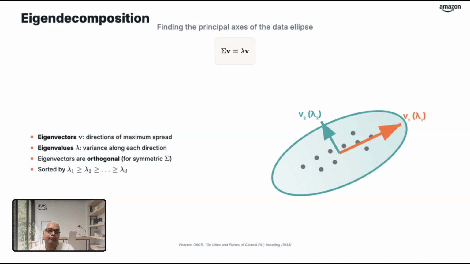And because the variance covariance matrix is a PSD matrix, the eigenvalues will always be non-negative. So if the lambda i's are the eigenvalues, then lambda 1, the first principal component's eigenvalue, will be more than lambda 2, the second principal component's eigenvalue, and so on.